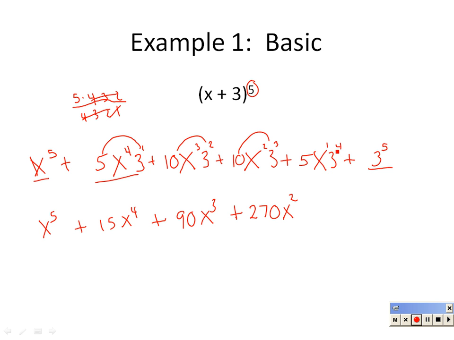And then finally we have 3 to the 4th, which is 81, multiplied with 5, 405 I believe, plus 3 to the 5th, we're looking at 243.